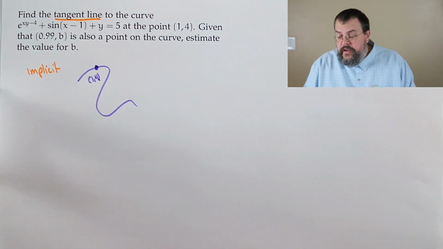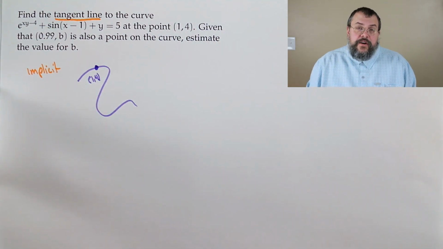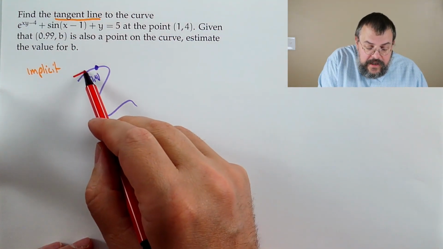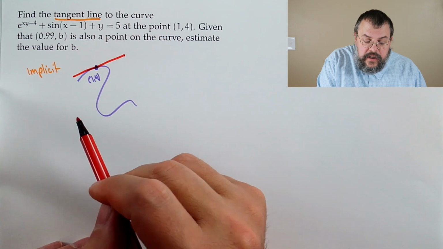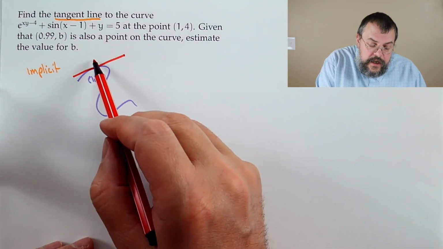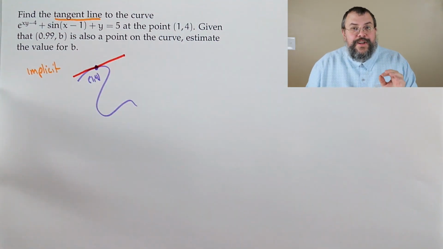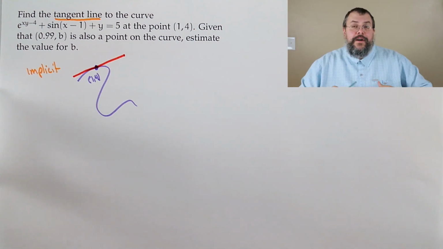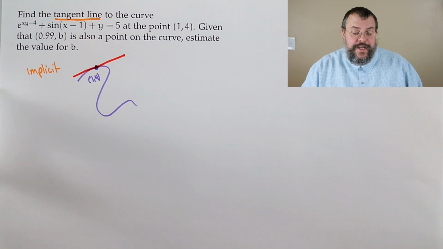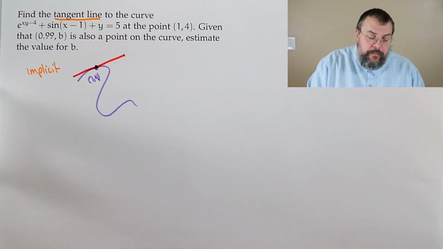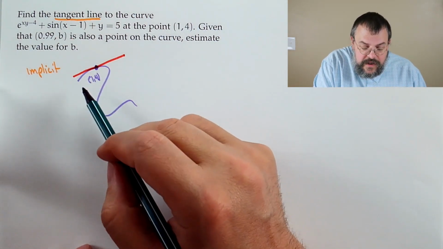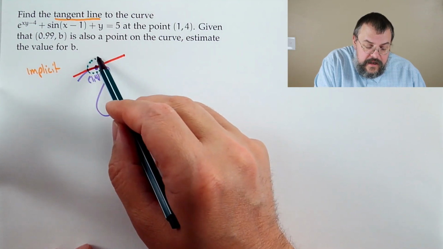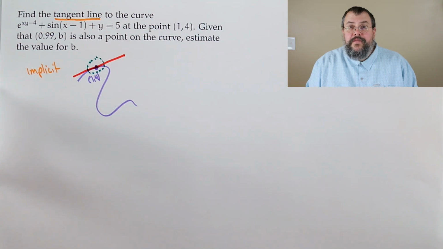What I can do is, instead of trying to figure out the function and what that's doing, I will find the tangent line to the function, and then I'll say nearby, and this is the important thing about tangent lines, nearby, the tangent line is doing a good job of approximating what's happening. So my implicit function, which is hard to understand, looks like a line near that tangent point.